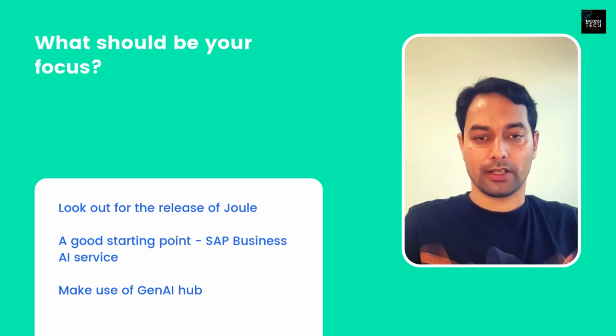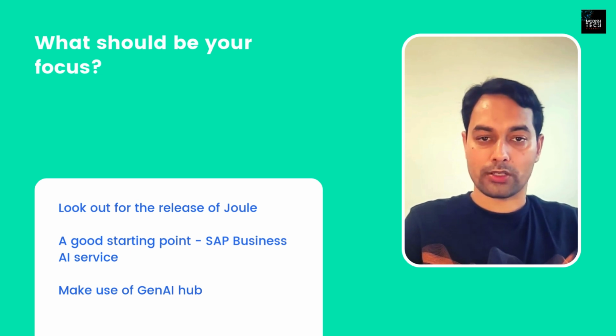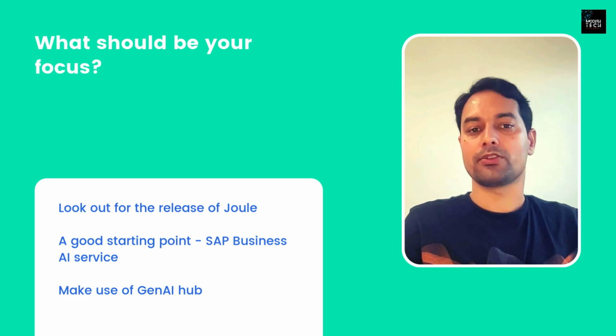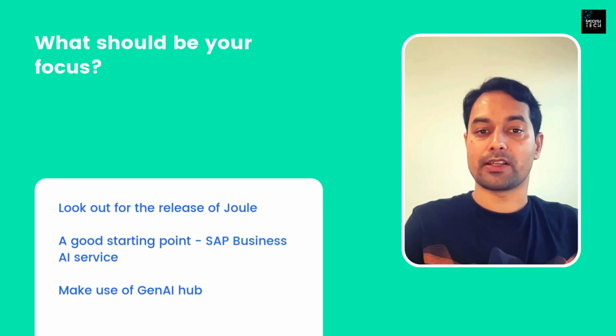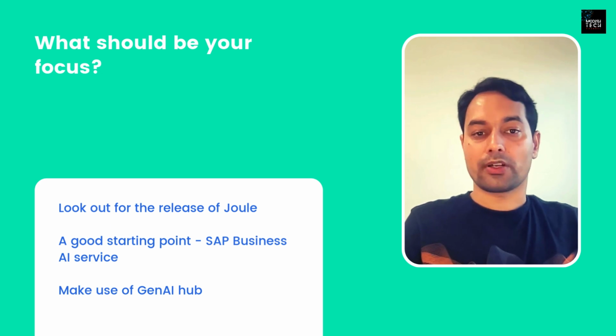The second one, for those who are not well versed with the AI terminologies and AI knowledge, they can start looking at the SAP Business AI services, because these are pre-trained models. So you do not have to do any training to make these models work. They're already working. You just need to infuse them into your application, and that can be done by using their APIs.